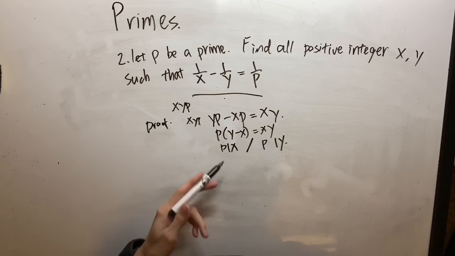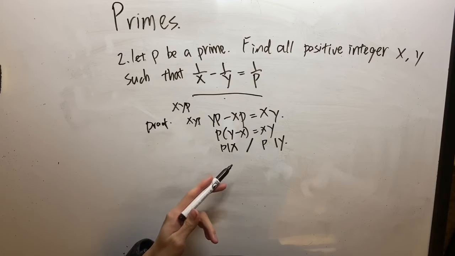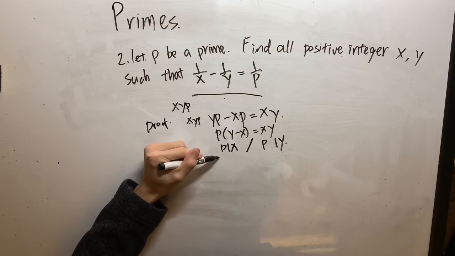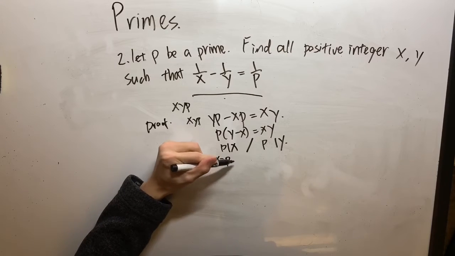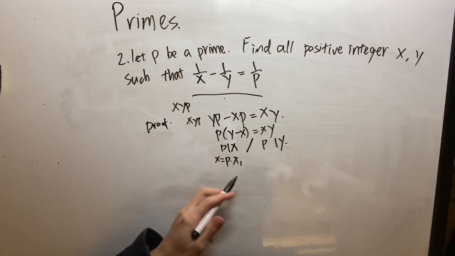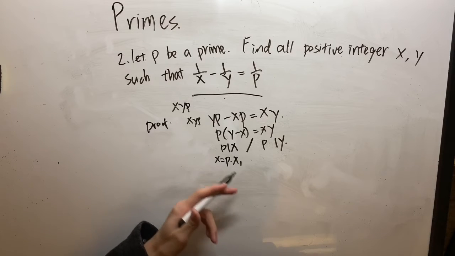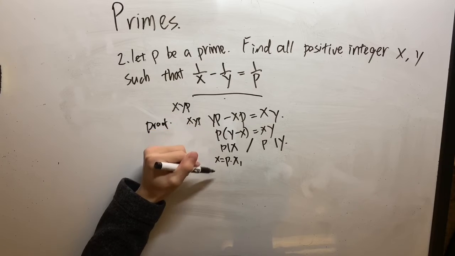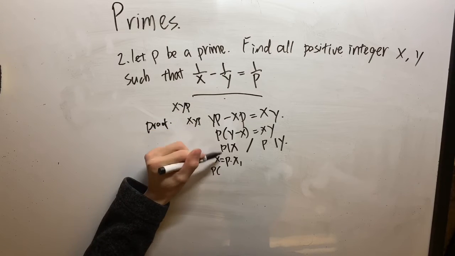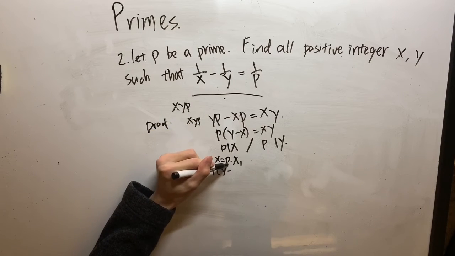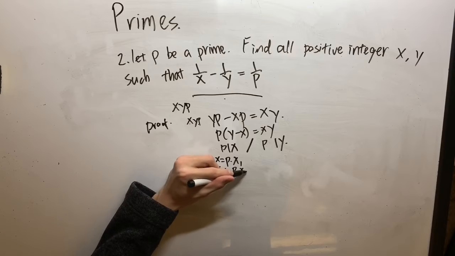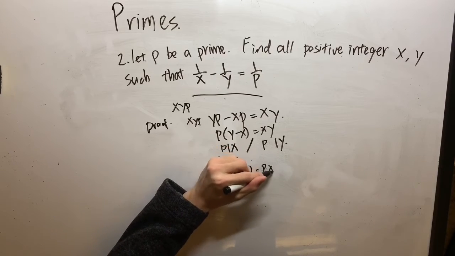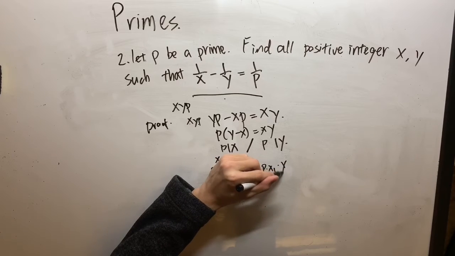In the first case, p divides x. So let x equal p times x1 for some integer x1. Then p times y minus p times x1 equals p times x1 times y.